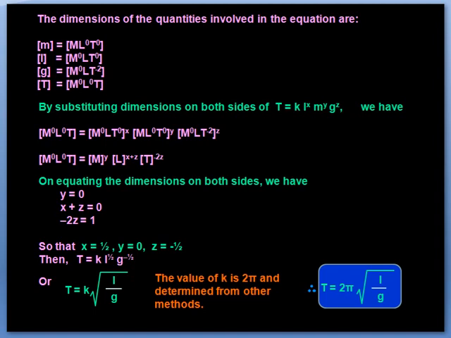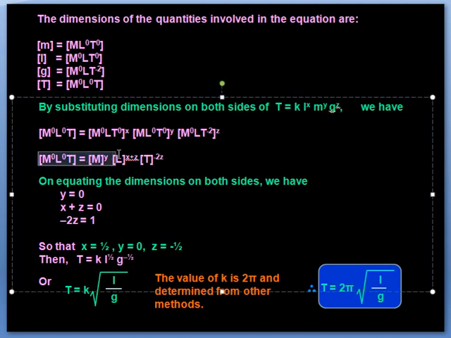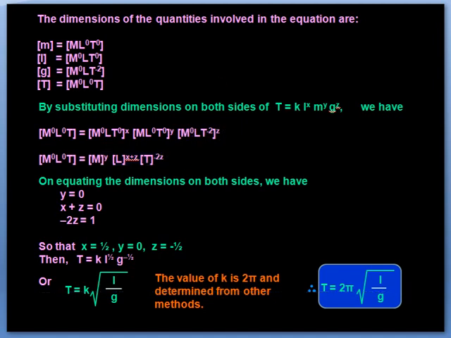Finally we will get this expression: M power 0 L power 0 T equals M power y L power x plus z T power minus 2z. On equating the dimensions on both sides we get y equals 0, x plus z equals 0 and minus 2z equals 1, so that z equals minus 1 by 2, and then we get x equals 1 by 2, y equals 0.